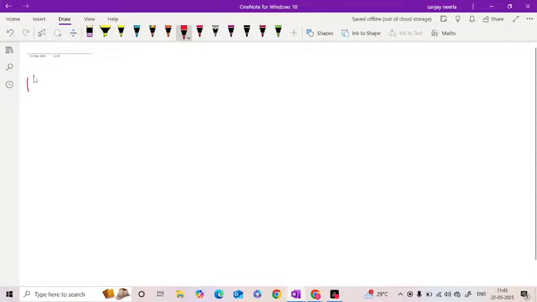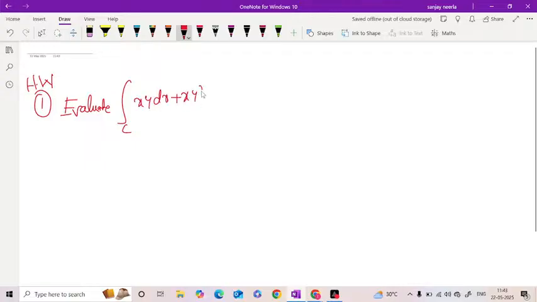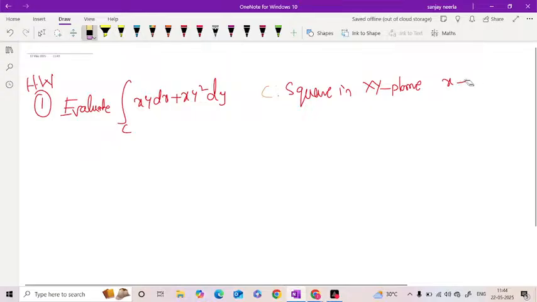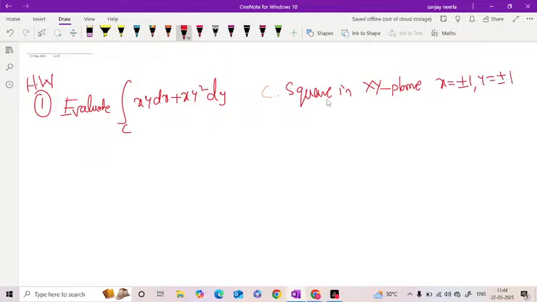Okay, homework problem first one: evaluate the integral over c of xy dx plus xy square dy, where c is the square in the xy plane, x is equal to plus or minus 1 and y is equal to plus or minus 1.